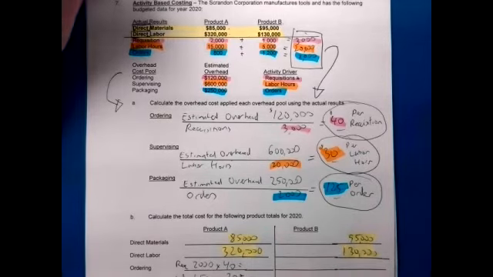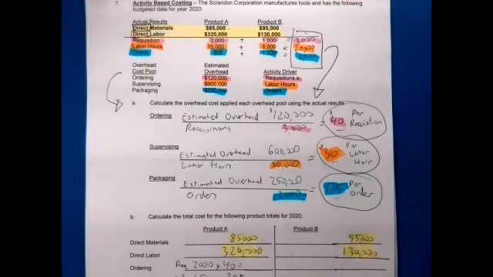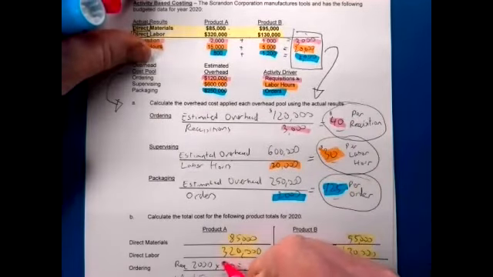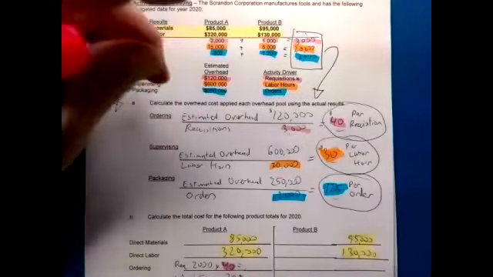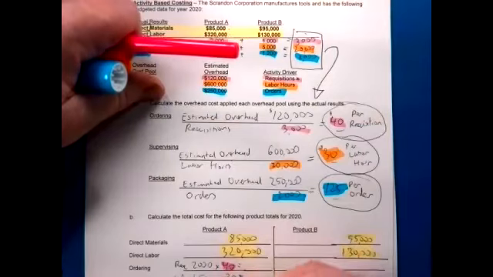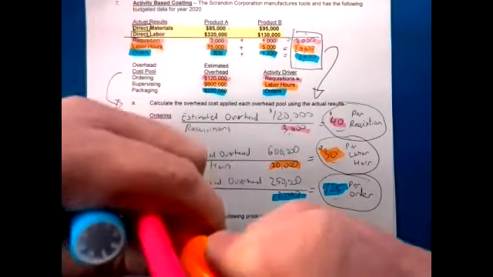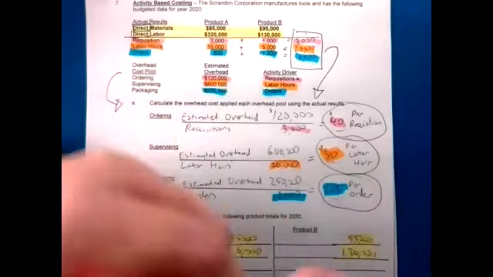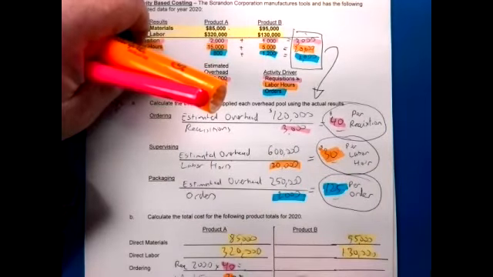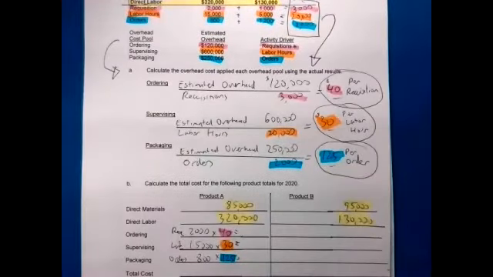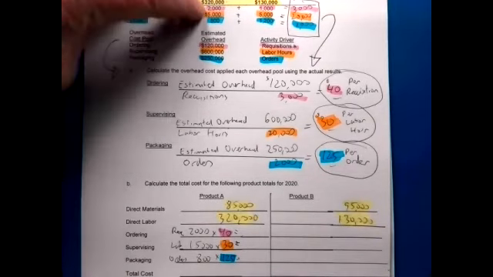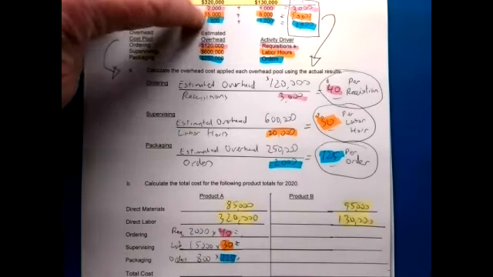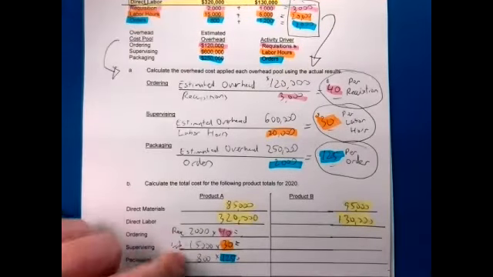So that kind of looks like this. I just took the requisitions, the labor hours, and the orders from A. Those are those down here.